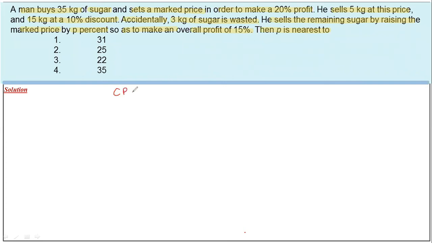Okay, so let CP be equal to 100k. So total CP is equal to 3500k for 35 kg of sugar. Now overall profit should be equal to 15%.